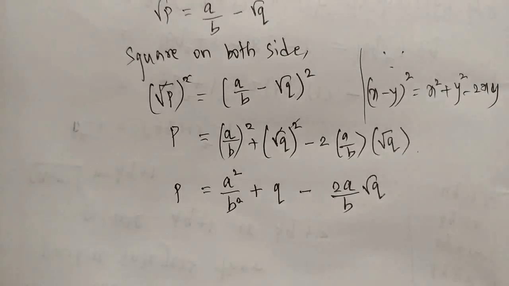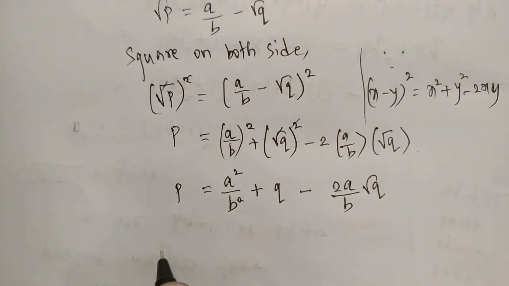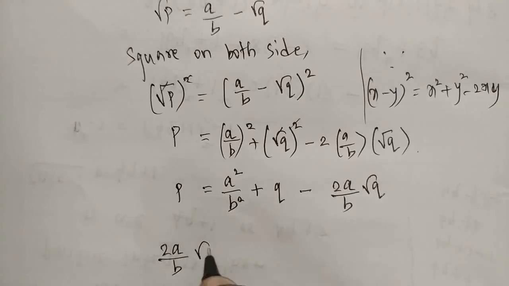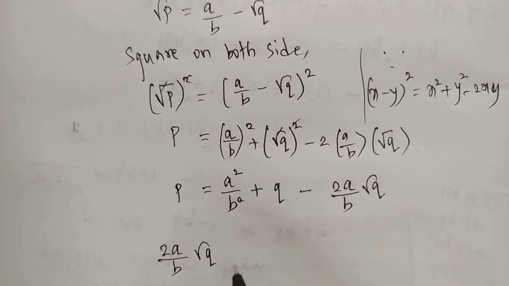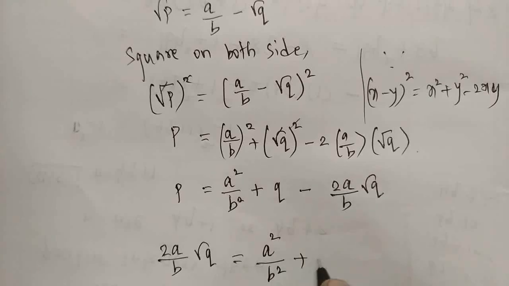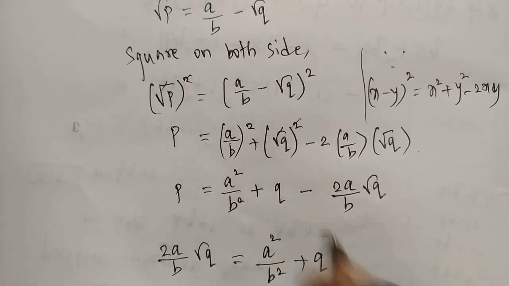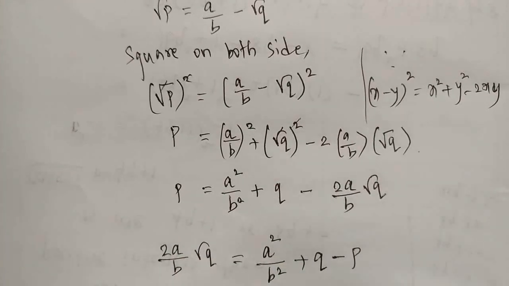So I bring 2A B root Q to the left hand side, and P goes to the opposite side. Now we have A square divided by B square plus Q minus P.